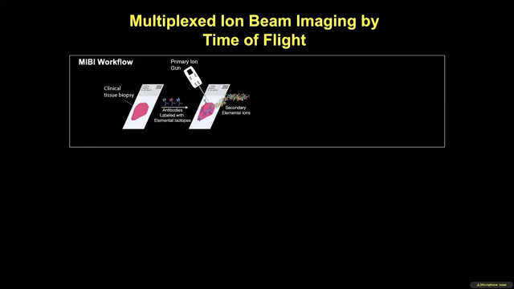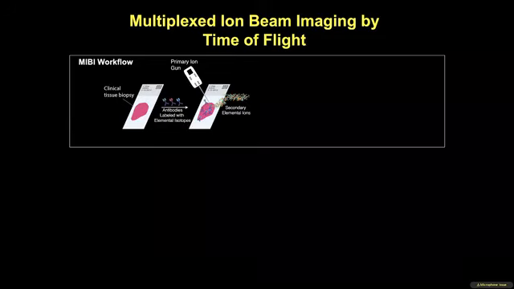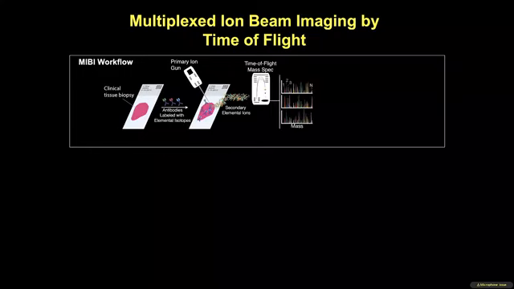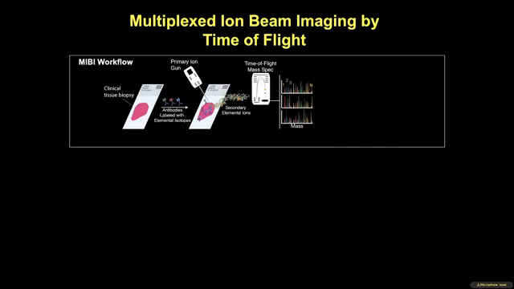And that beam then goes pixel by pixel across the image. And as it sits on a single pixel, we liberate secondary elemental ions. And in that elemental cloud, you have the antibody reporters themselves. And using time of flight mass spec, for every single pixel we can see what the abundance of each one of our metal reporters was.